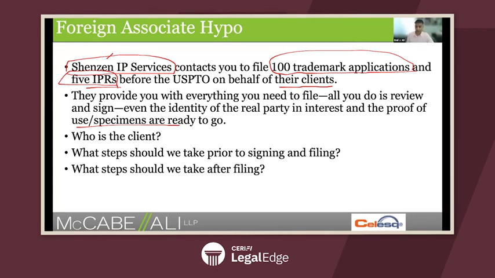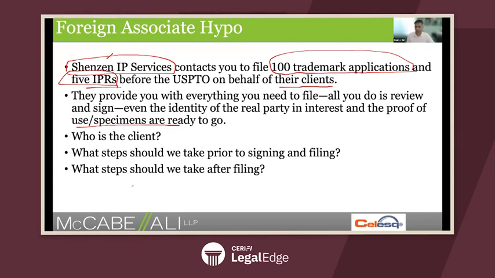They know. But maybe the applicant doesn't know. Maybe they haven't reviewed it well enough. So I want you to think for a second. When you sign or file something, how do you feel comfortable with it? If they use ChatGPT to create these documents, would you feel comfortable signing an IPR saying that you're filing this based upon X, Y, and Z?